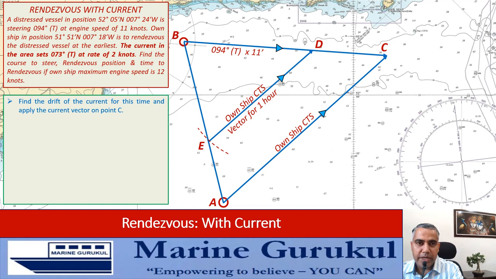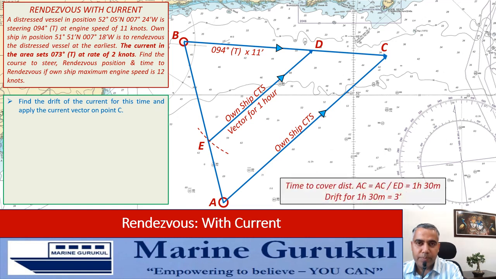We now apply this current vector at point Charlie. You can see the current vector coming up on the screen, marked with 3 arrows, that is the symbol for current. Let's name the endpoint of this current vector as F, Foxtrot. So you see the Foxtrot point coming up on the screen.